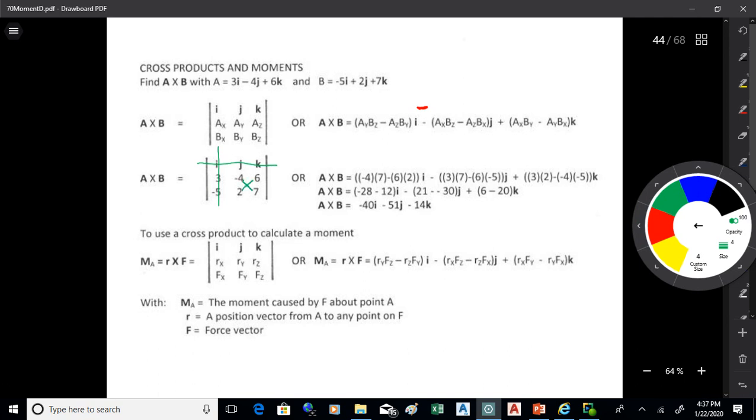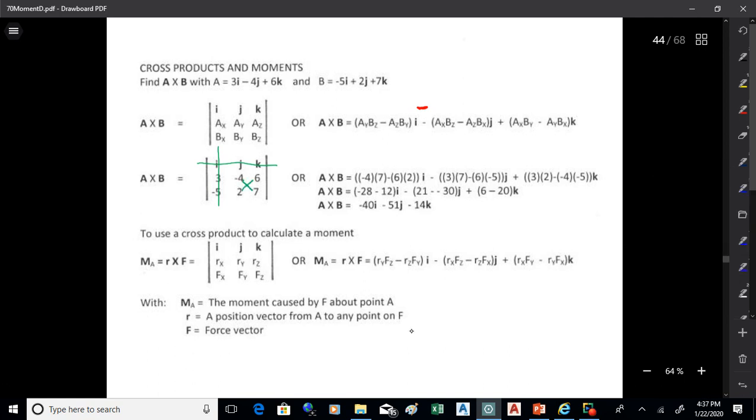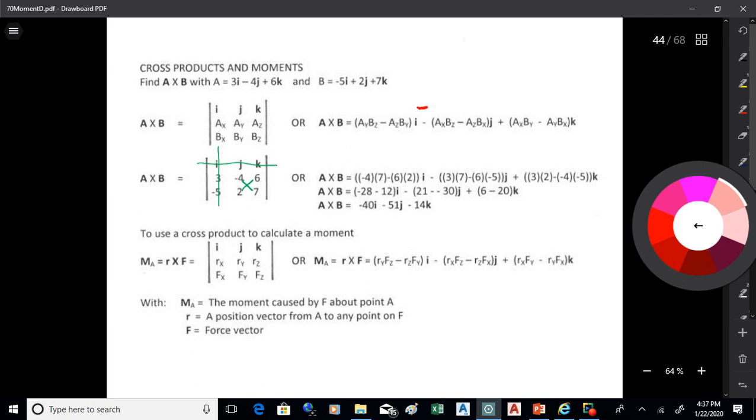The next step for me, and this is just how I learned it, I would cross off the top row and the middle column. This will get me the J. I take those out, I cross what's left, 3 times 7 minus 6 times a negative 5. I have to remember to subtract off the J component.